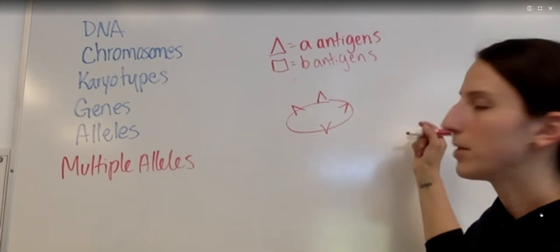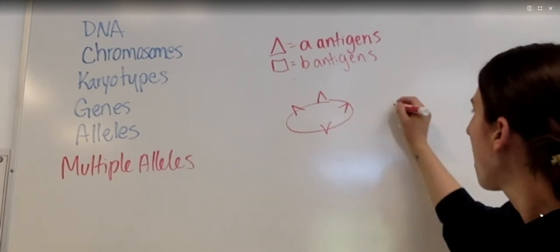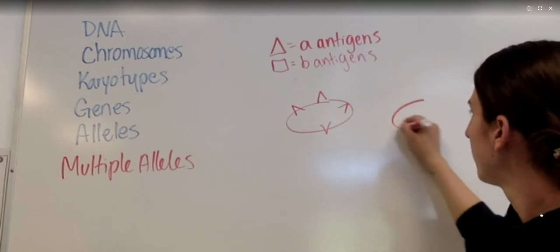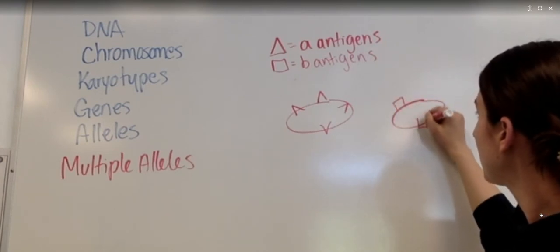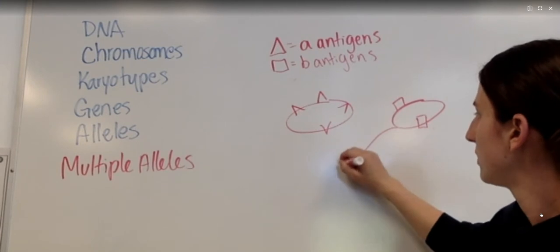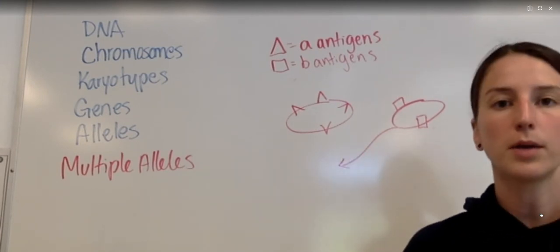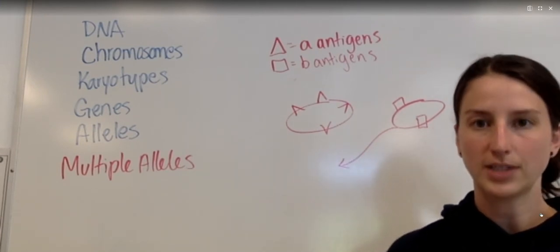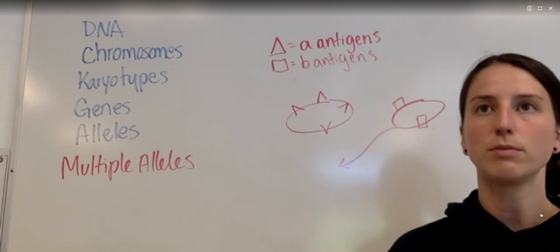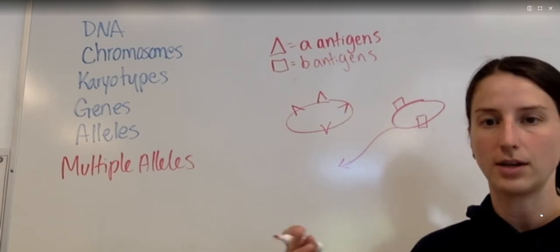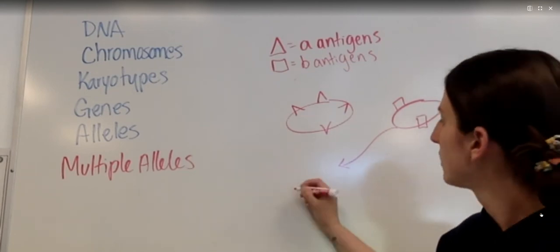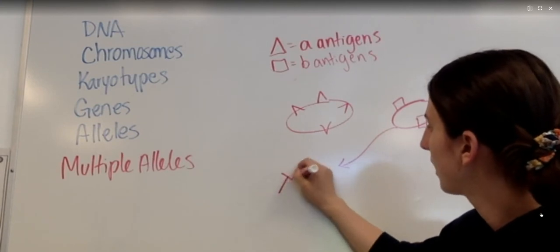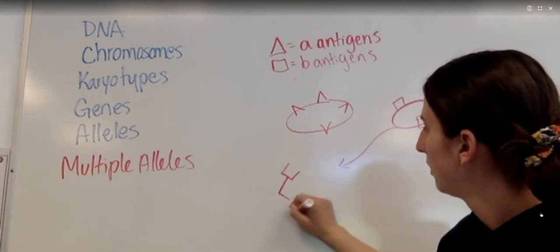If for some reason you get a blood transfusion and they were to accidentally put B-type blood into your body, you would actually make antibodies that would attack those antigens, because your immune system thinks that this is a foreign, well, it is a foreign antigen. So I'm going to draw these as little hook things.